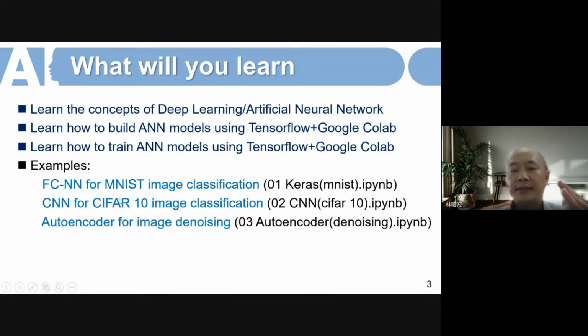This dataset is generally used in image classification competitions. The third example is a quite important model called the autoencoder, and we demonstrate how to use an autoencoder for image denoising. In total, you will have three examples in this lecture.